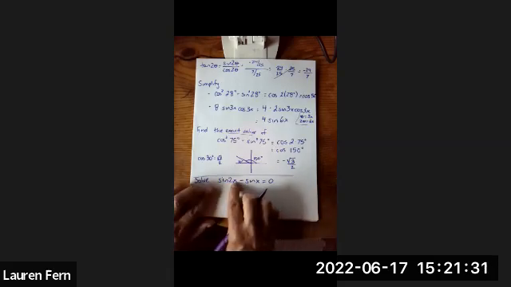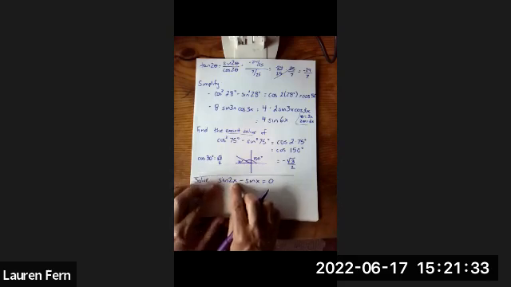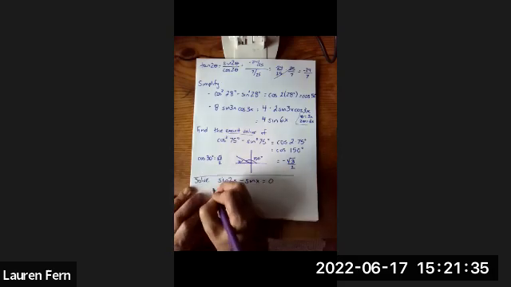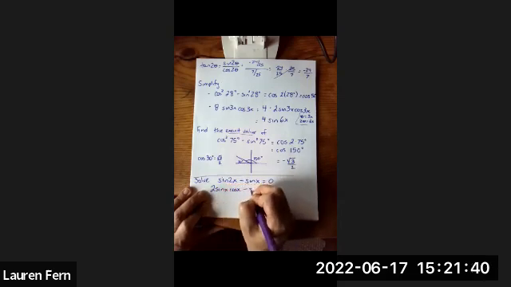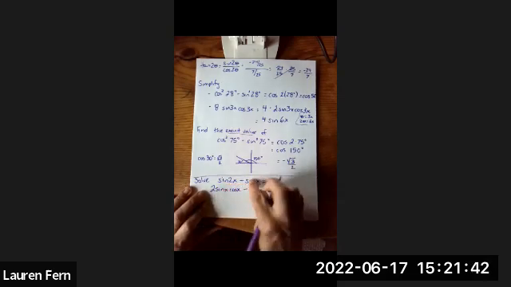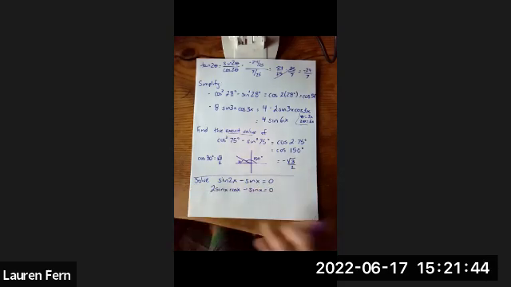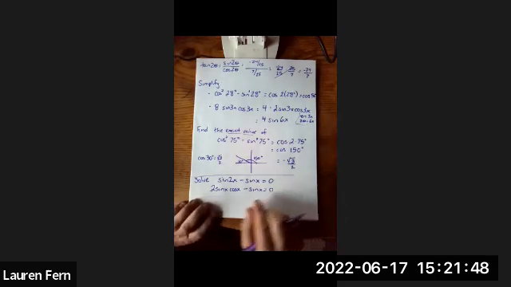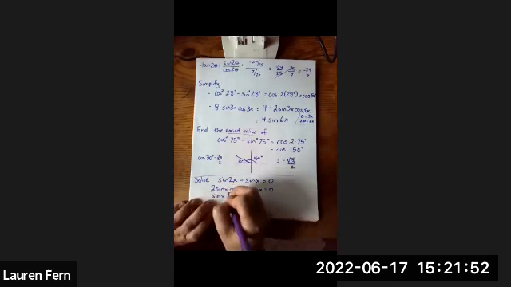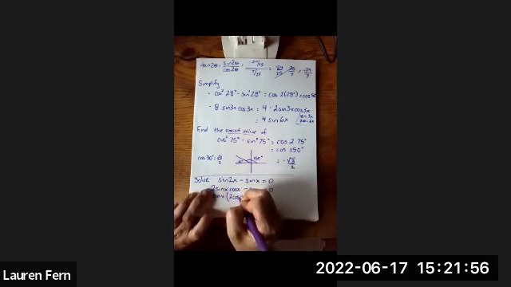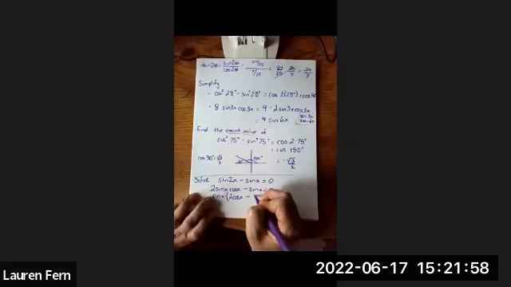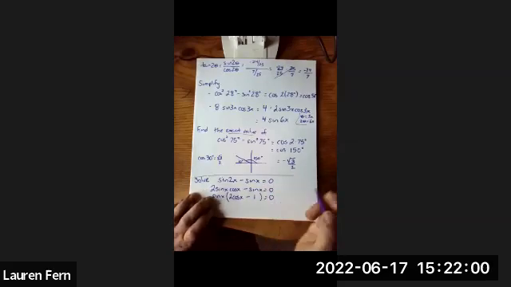Okay, so we know from our double angle formulas that the sine of 2x is the same as 2 sine x cosine x. And then we're subtracting off sine x. Notice now we have the same input. Now we can factor. Both of these terms have a sine in common. If I pull out a sine of x, my first term, I have 2 cosine x. My second term, I have -1.